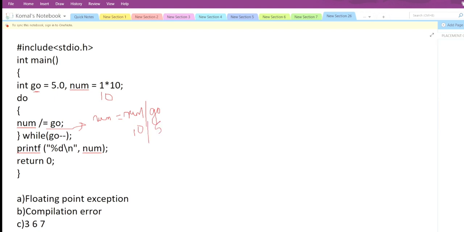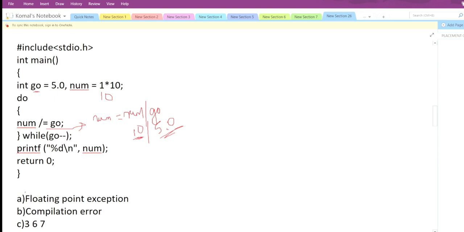Now see what it is doing. It is dividing integer with float value, and in C it is not possible, because in C, when you divide the integer with a float without the typecasting, it will give you floating point exception error. So in this case, you are dividing integer with float, so it will give you a floating point exception.